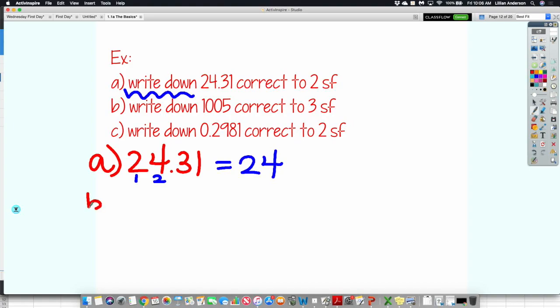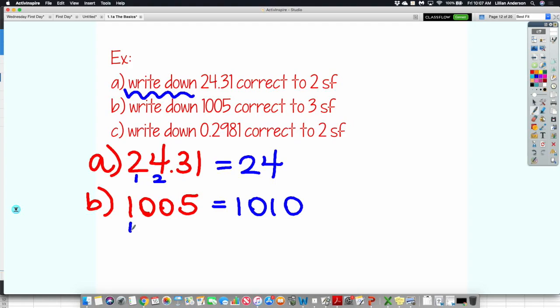Okay. What about B? Anyone? 1010. 1010, so 1010. Yeah. You guys agree? Yes. Here's your first significant figure. It starts with your first non-zero digit.